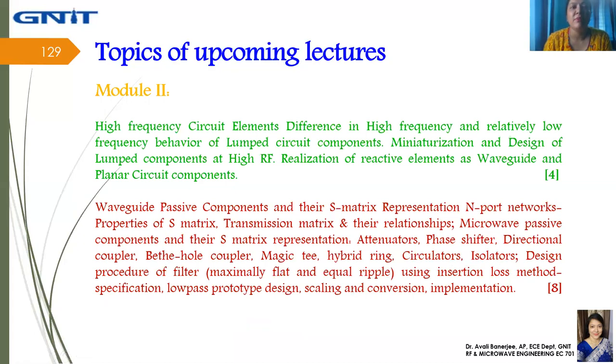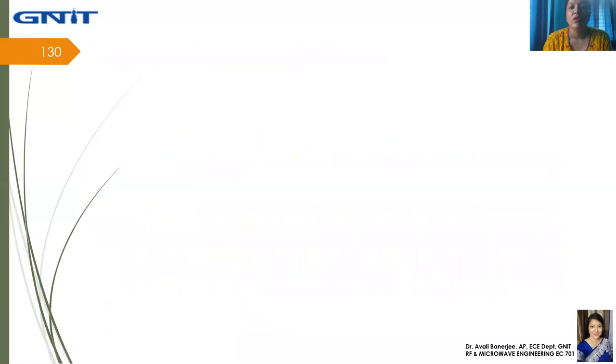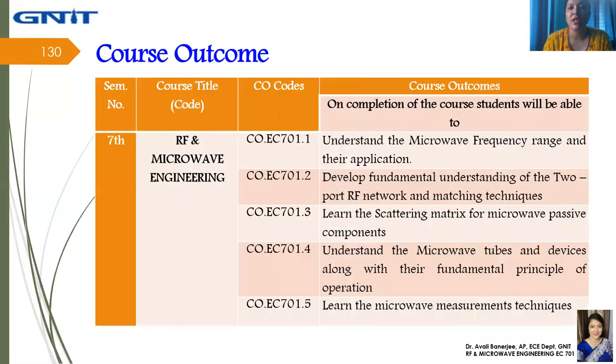So after completing this module 2, the students will be able to learn the scattering matrix for microwave passive components, and they will be able to develop fundamental understanding of the two-port RF network and matching techniques.